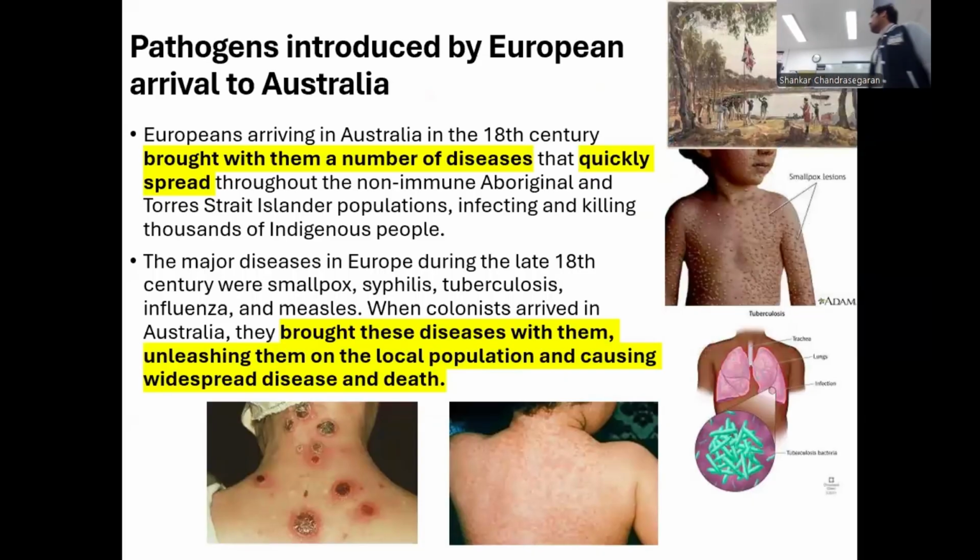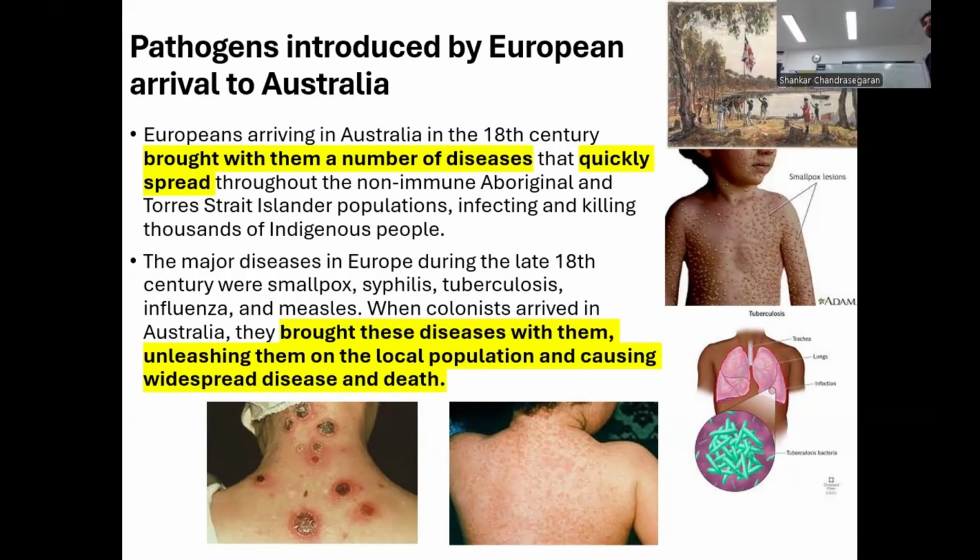All right. So let's take a step back and think about when these pathogens were introduced to different populations, specifically when the Europeans arrived in Australia all those years ago. So why is this a problem? When different populations interact, they are potentially spreading different pathogens to each other, right?